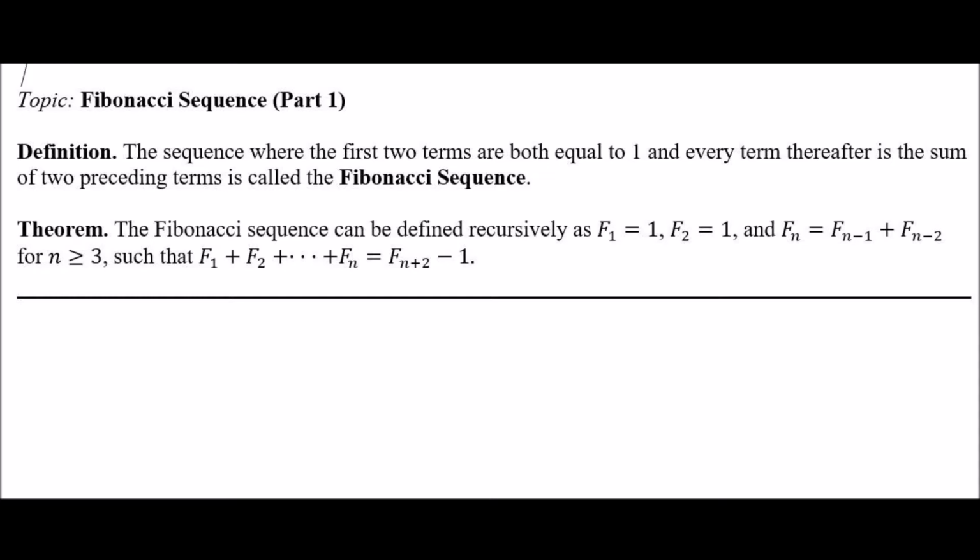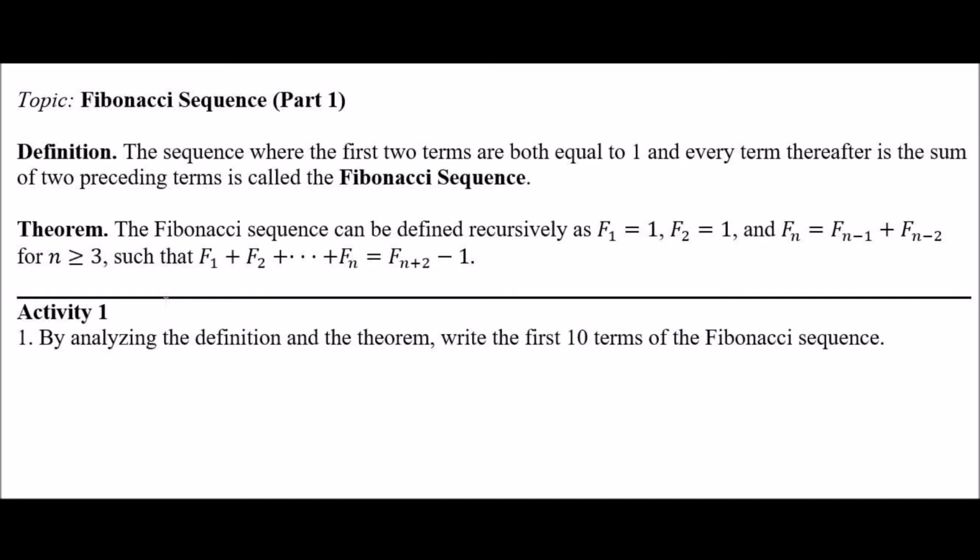And we have a theorem wherein the Fibonacci sequence can be defined recursively as f sub 1 denotes our first term, which is 1, f sub 2, our second term, which is also 1, and f sub n is equal to f sub n minus 1 plus f sub n minus 2 for n greater than or equal to 3, such that the sum of the terms in a Fibonacci sequence is equal to f sub n plus 2 minus 1.